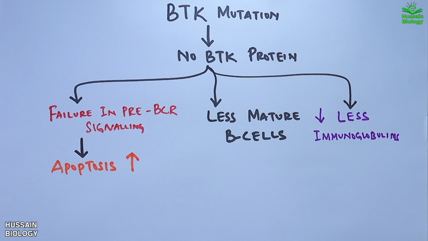This cascade of effects is what ultimately leads to agammaglobulinemia, a condition marked by severely reduced antibody levels and poor immune response. This explains the molecular basis and clinical consequences of BTK mutations in agammaglobulinemia. So this is what agammaglobulinemia is.